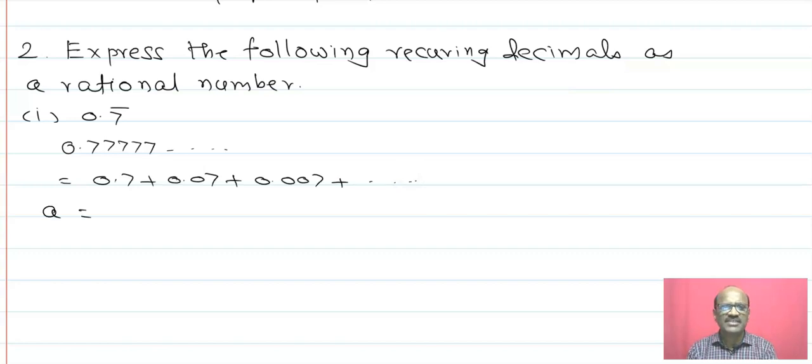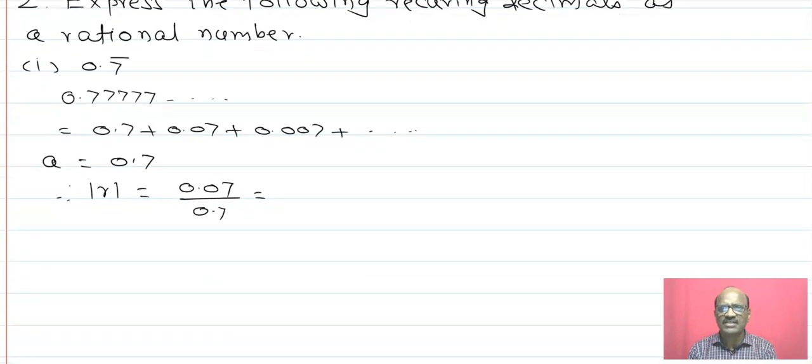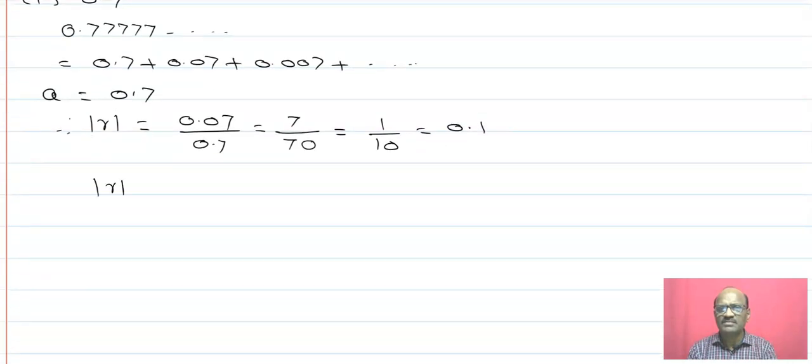Now if you see, this is again a geometric progression. a is equal to 0.7, r is equal to 0.07 upon 0.7, and that's why you will get the value 7 upon 70, that is 1 upon 10. Therefore, it is 0.1.